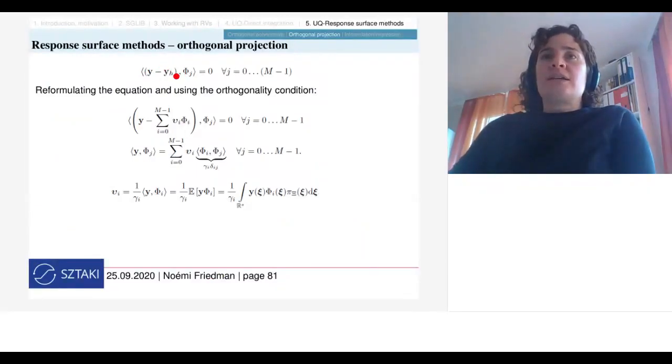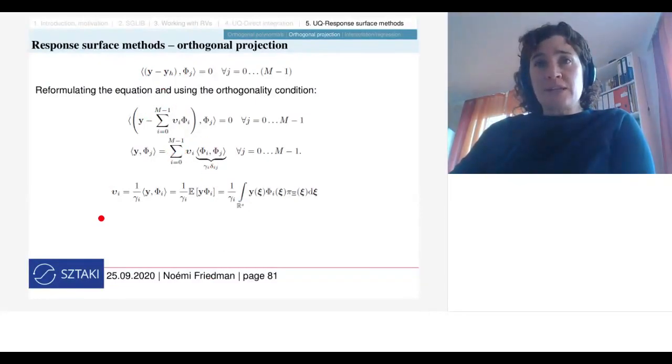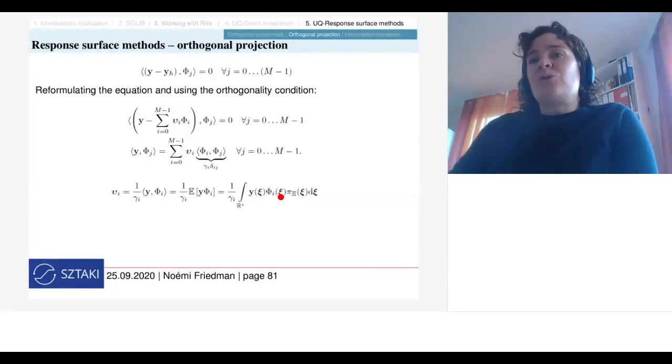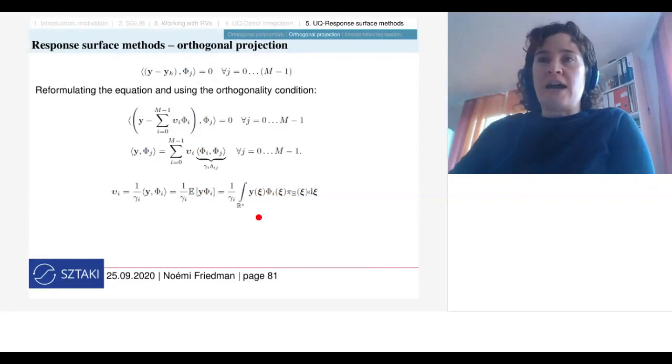So using this approximation, the GPC expansion here, I can show that orthogonality is computed from orthogonally projecting, so that the coefficient corresponding to the ith polynomial is just the projected part of y which is projected onto this phi i term.